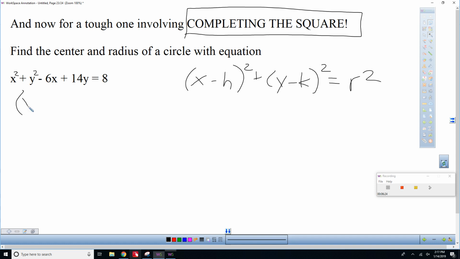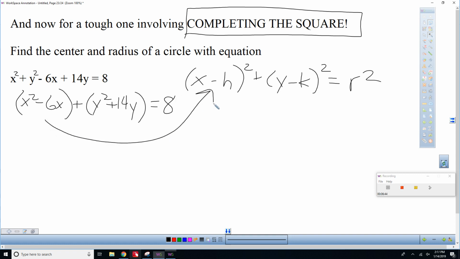So here's what we're going to do. x squared minus 6x plus y squared plus 14y equals 8. So literally all I did was change the order and add some unnecessary parentheses. Now, we want this to end up looking like this. Notice what's different.